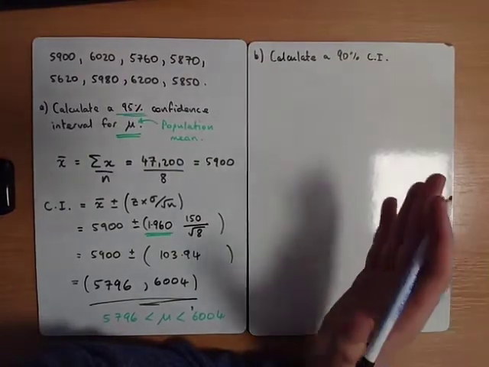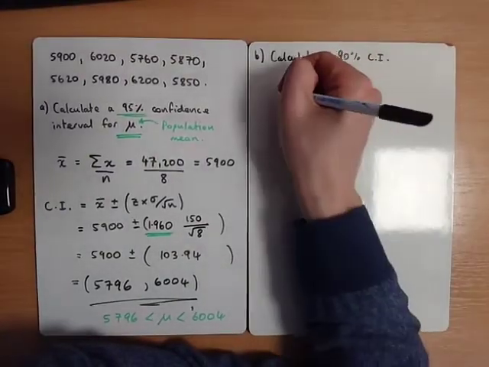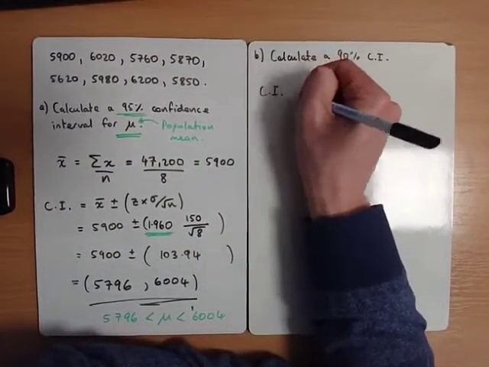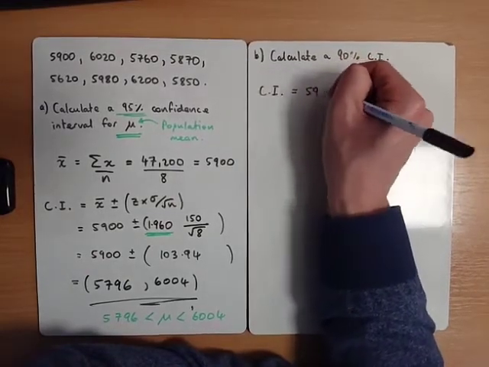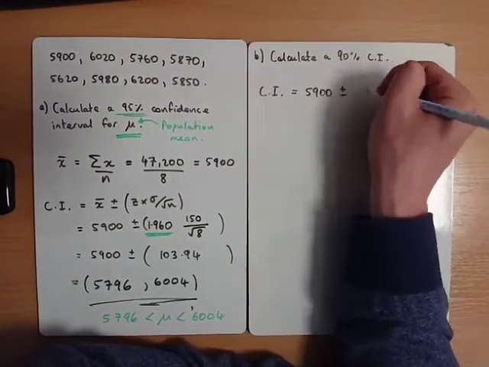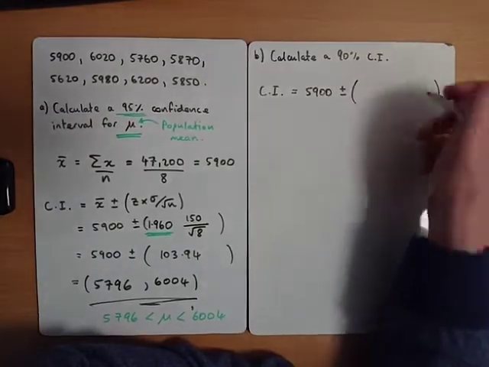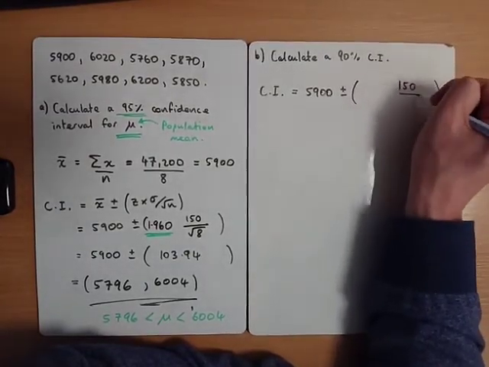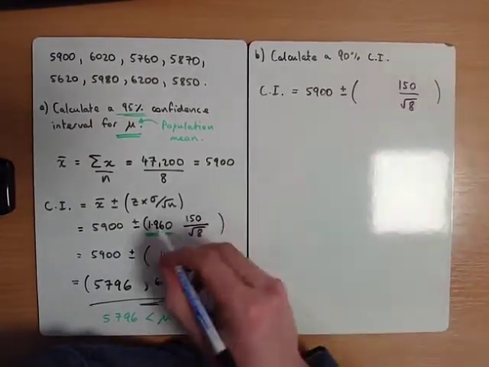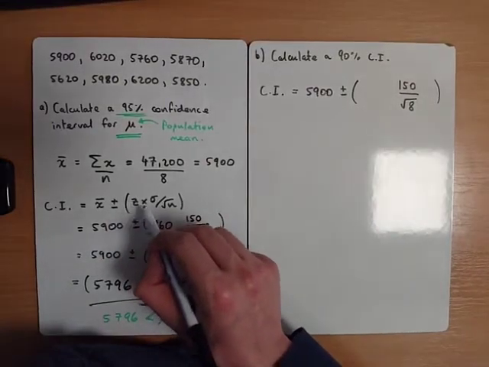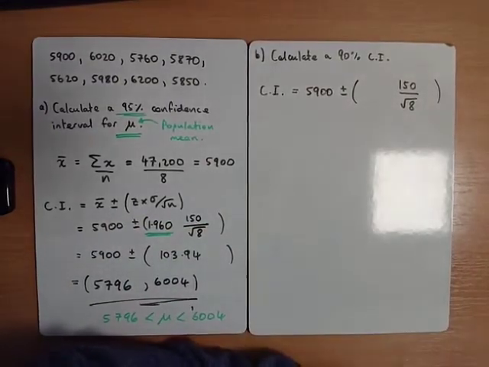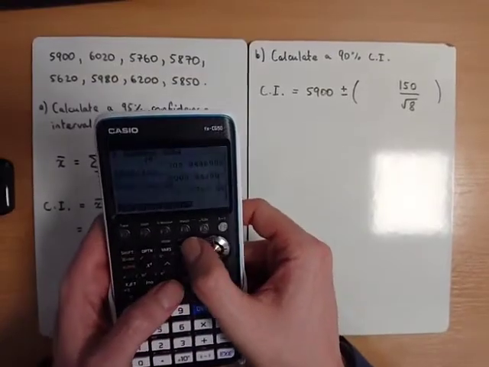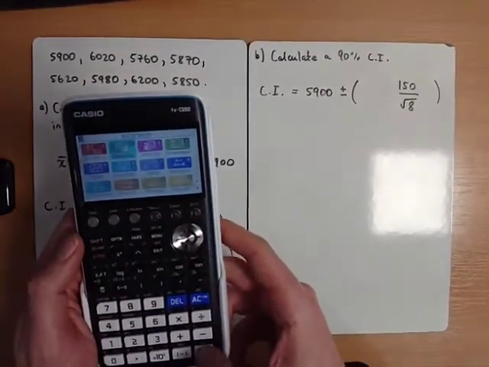Okay, so part B says calculate a 90% confidence interval. The only thing that's going to change here is the Z value. The Z value is determined by the area or the percentage in your test.